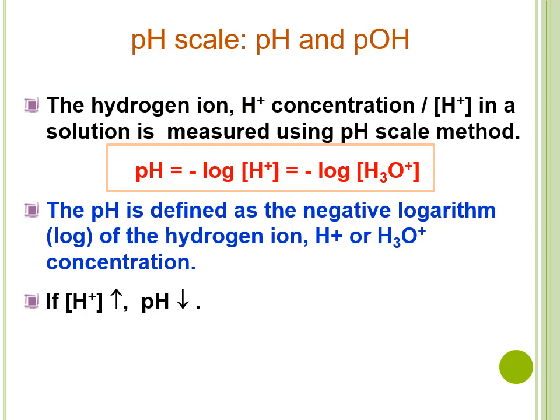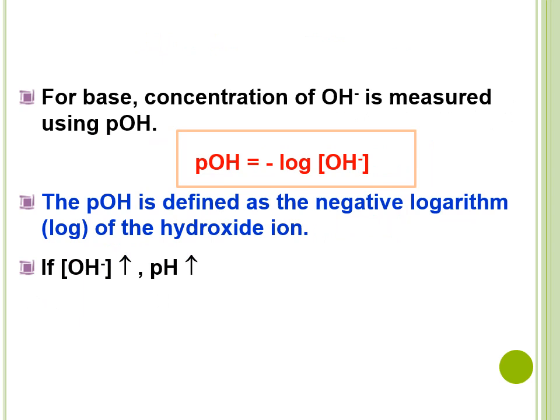The hydrogen ion H+ concentration in a solution is measured using the pH scale method. pH is defined as the negative logarithm of the hydrogen ion H+ or H3O+ concentration. The higher the concentration of H+ or H3O+, the lower is the pH value. For base, concentration of OH- is measured using pOH. pOH is defined as the negative logarithm of the hydroxide ion.